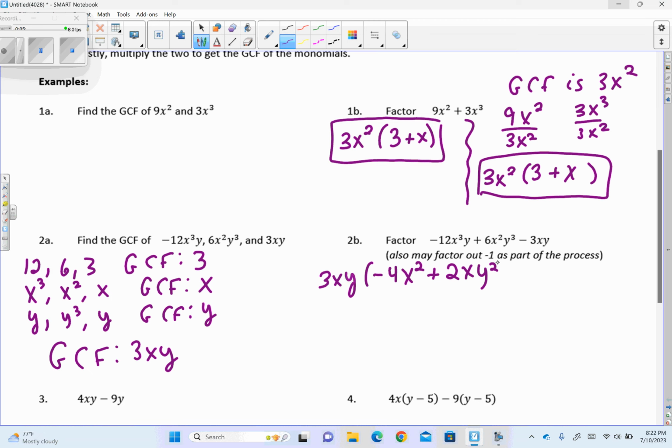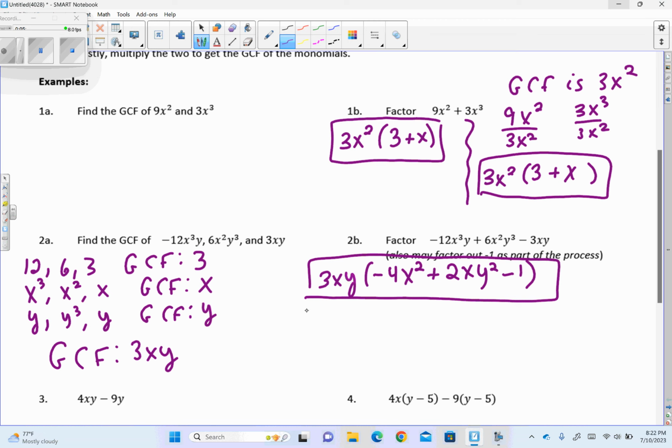Then for the last term, you notice my GCF is 3xy, and what I need to have is negative 3xy. So the only difference between what I have and what I need is a negative. So I would need to multiply that 3xy times a negative 1. So this is my factorization.